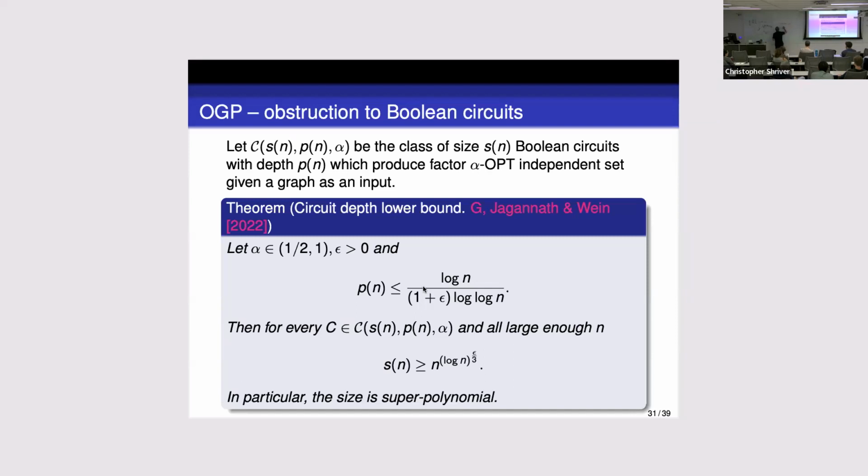It's a multi-ensemble OGP. Sorry for the mouthful here, which I did not describe, but it involves, instead of looking at pairs of independent sets, looking at multiples of independent sets. It's just too complicated to state, but morally it can be extended.